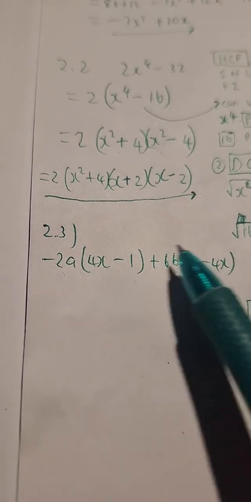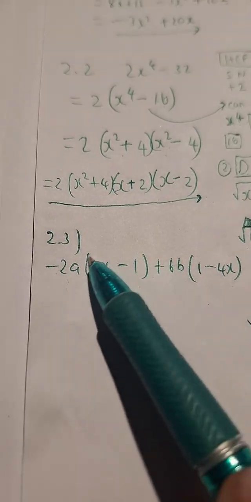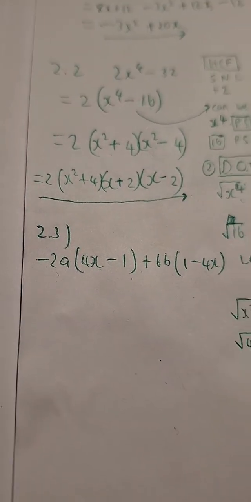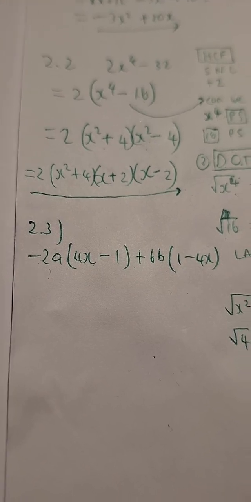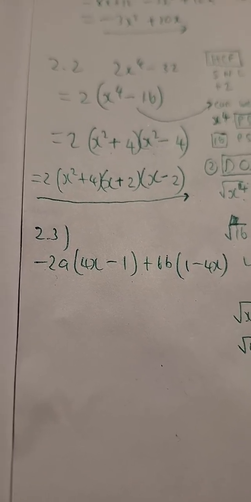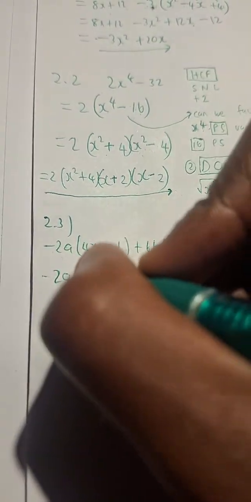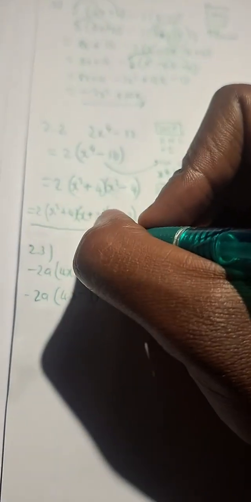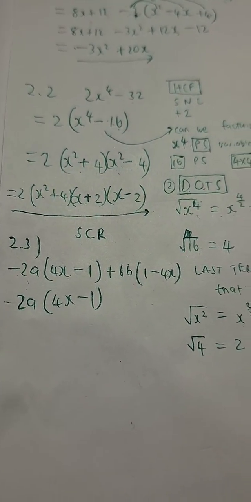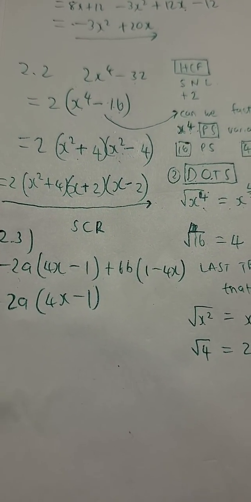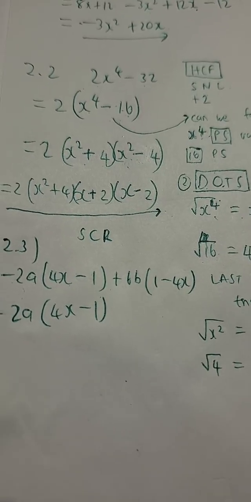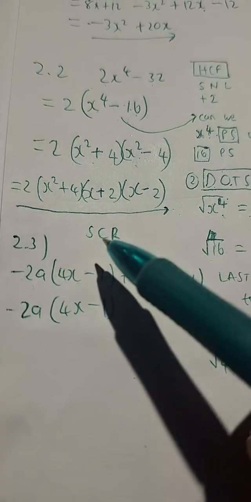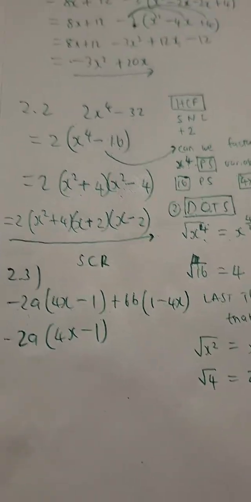So we would want to then change this bracket to be aligned with this one. And as per the recommendation by Cinnamon Girl, cinnamon tastes so good, we can actually then do what she has said. We apply something called the SCR. You know, doctors have a procedure that they apply to patients when they are losing breath or when they are out of breath. We call that procedure CPR.